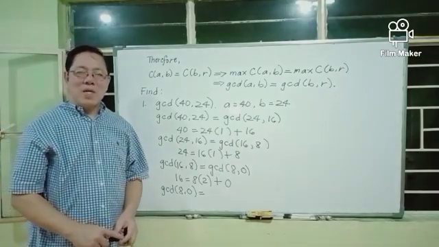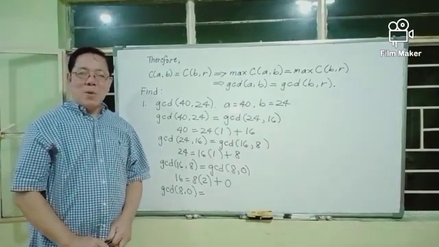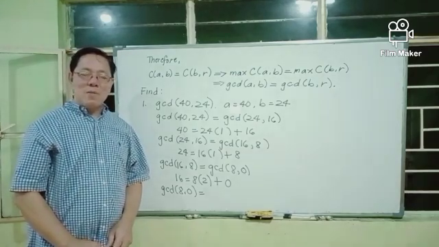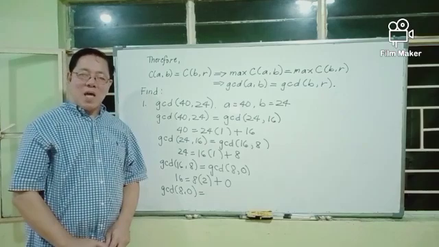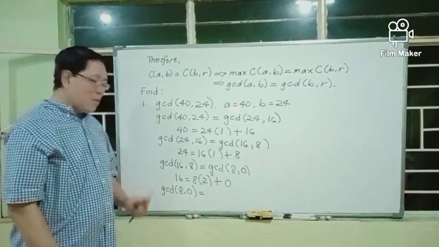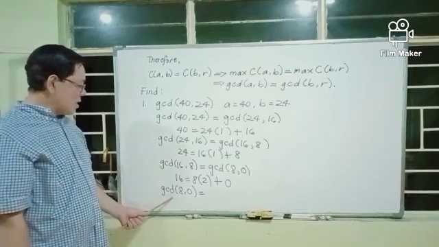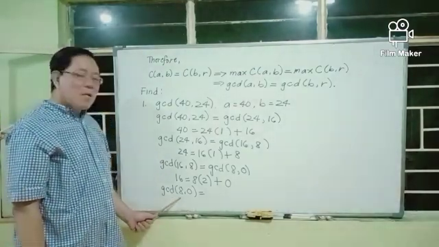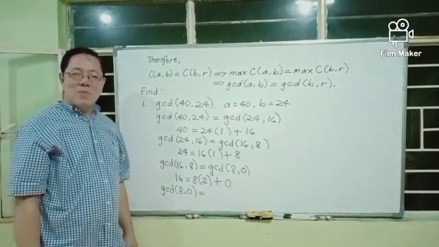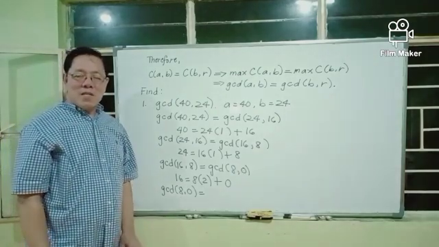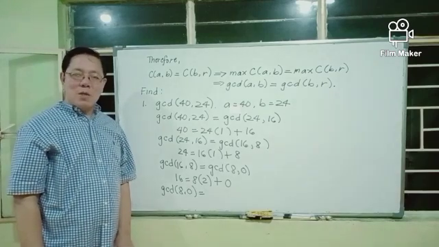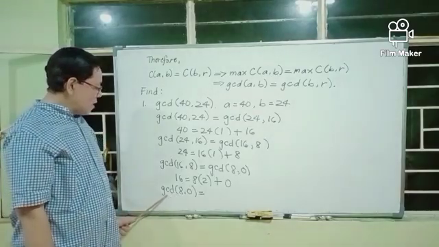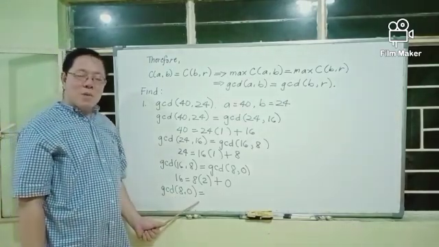In case 1, we have shown that if B is 0 and A is greater than 0, then the greatest common divisor of A, 0 is A. Now that is in this form, greatest common divisor of 8, 0, where A now is 8. So applying that earlier result, the greatest common divisor of A, 0 is A, where A now is 8. Thus, the greatest common divisor of 8 and 0 is 8.